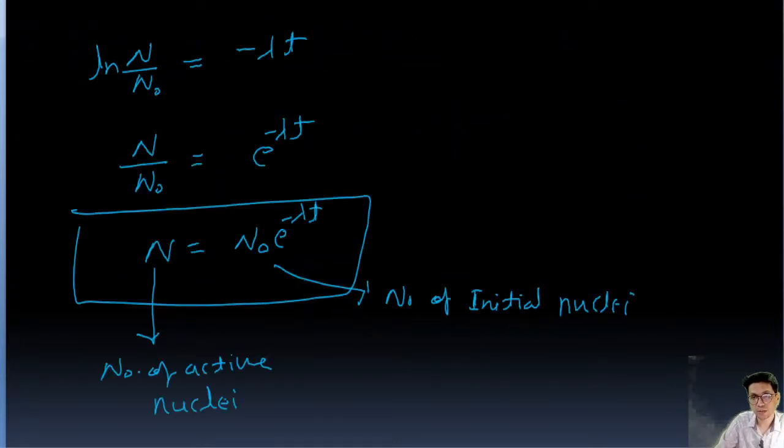So if the half life time is at time tau half, this is going to be N0 by 2, half of the initial nuclei, and this is N0 e to the power minus lambda tau half, right?